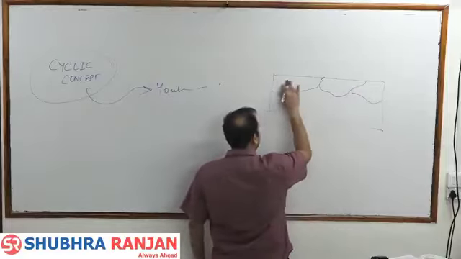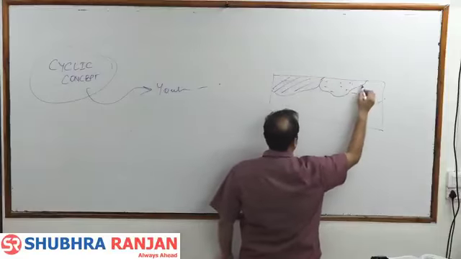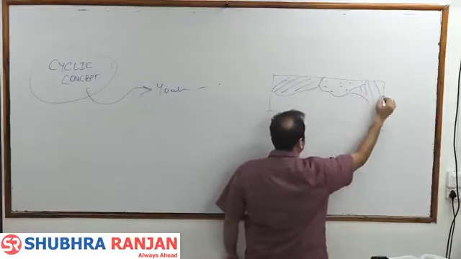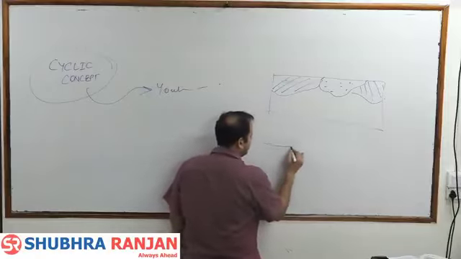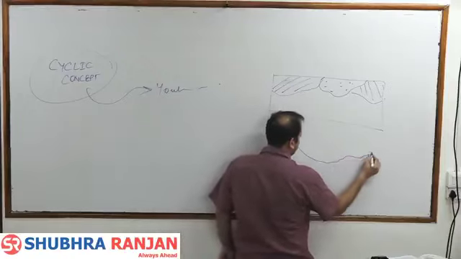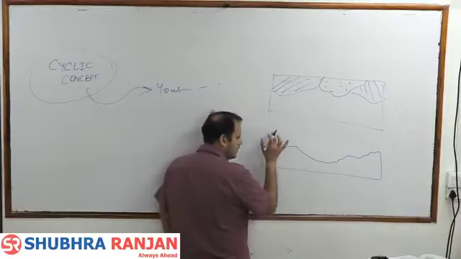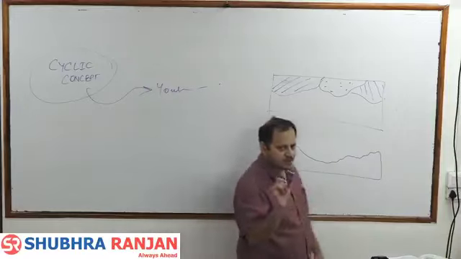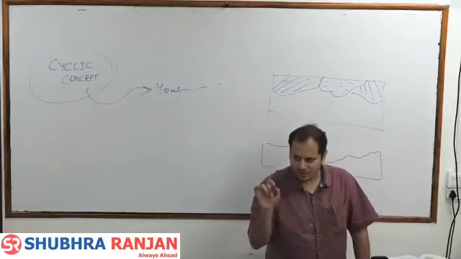This is hard rock, this is soft rock, and this is also hard rock, but hardness is greater. So over the period of time, the hard rock will be eroded less, soft rock will be eroded more, and जो ज़्यादा resistant hard rock है, it will be eroded less. So this kind of an approach is what is known as systems analysis in geomorphology.